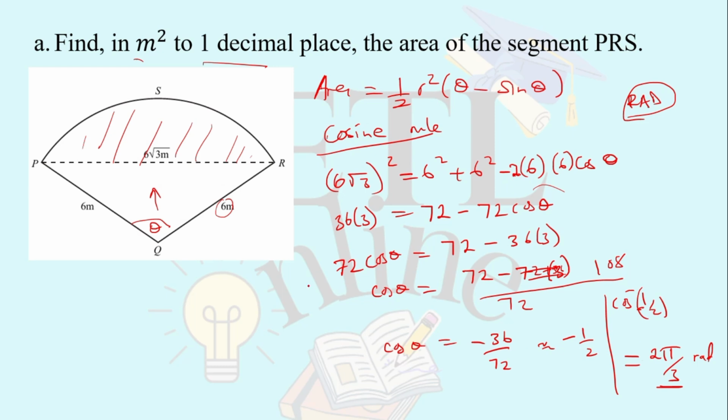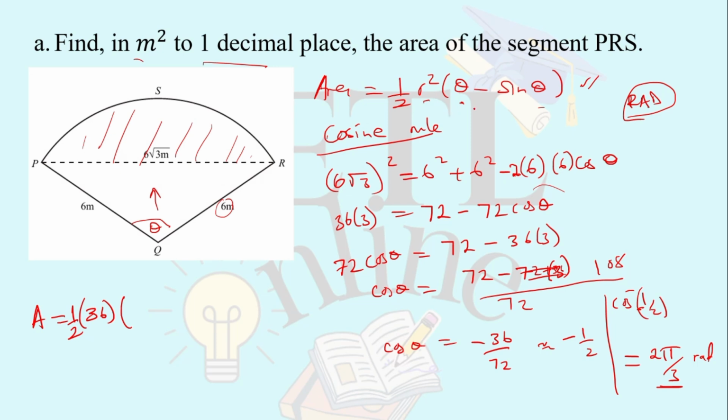After solving this angle, now we just have to use this formula to find the area. We already have our radius, we have found our theta, now we just have to find the area. So area is equal to half r squared, which is 6 times 6, which is 36, then times theta.